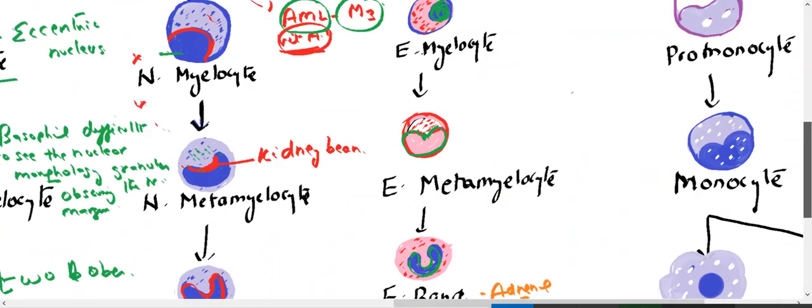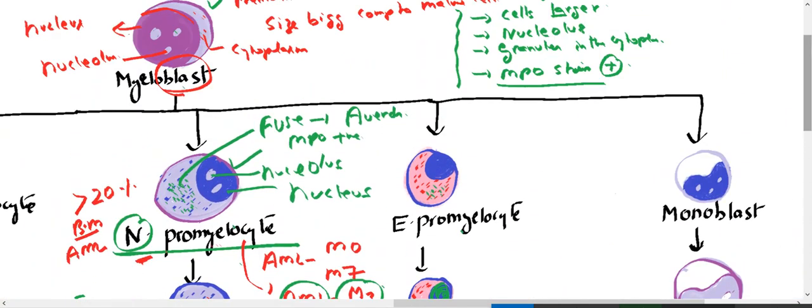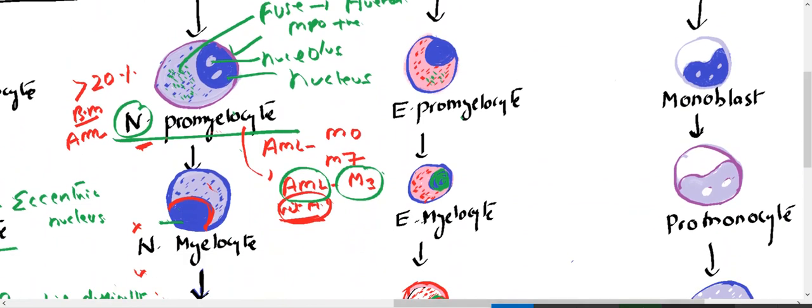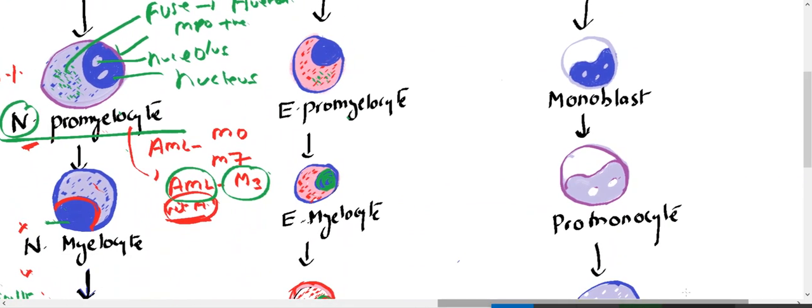Then the next one is the monoblast. As we already discussed, the blast is the premature cell. In the monoblast, you can see the nucleus is eccentric and they have what is called the spongy cytoplasm, or they call it a frosted glass cytoplasm, like a sponge.